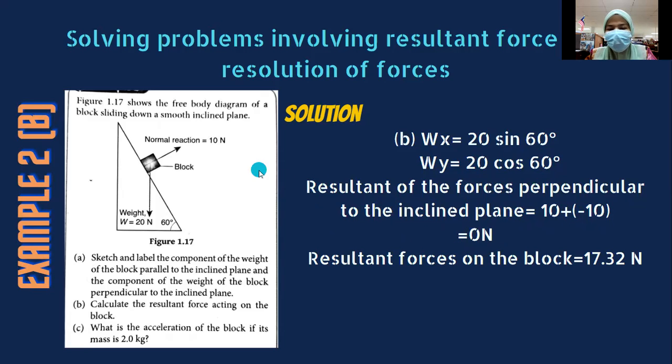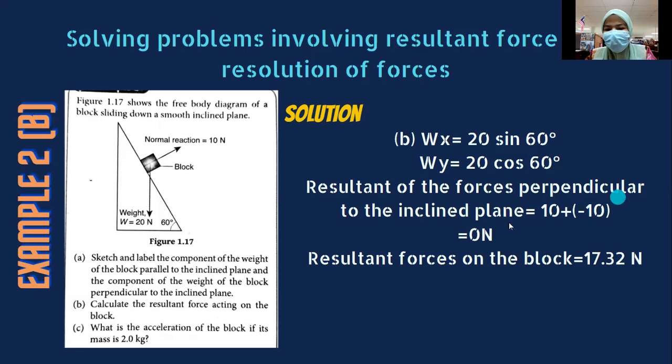You will get the answer if you draw the free body diagram properly. Resultant force on the block is equal to 17.32. You will find 20 sine 60. We find the resultant force acting on the block.